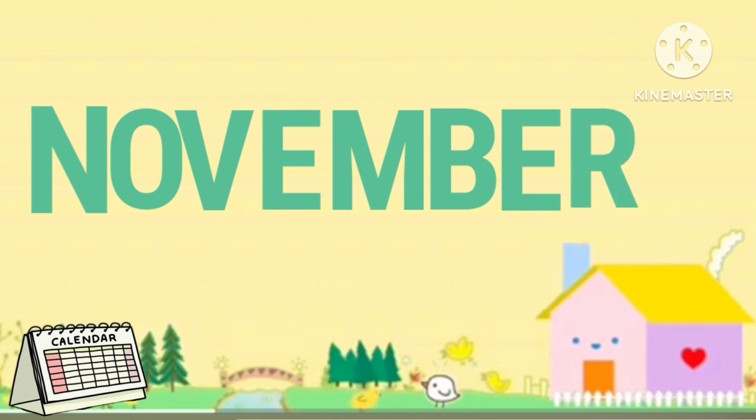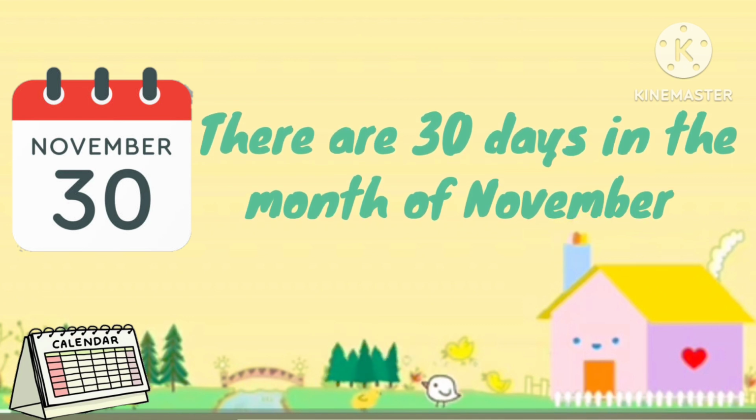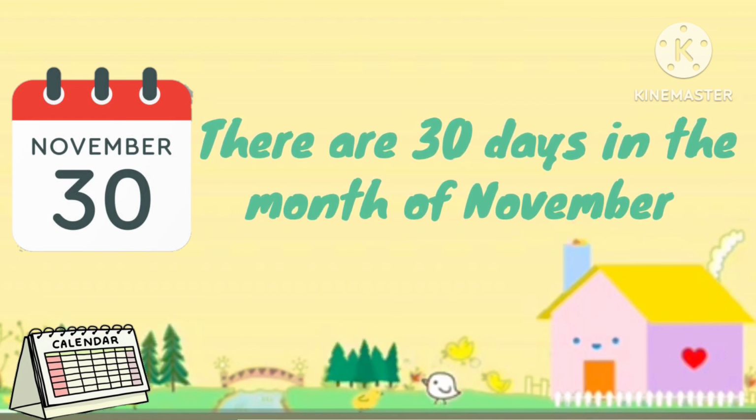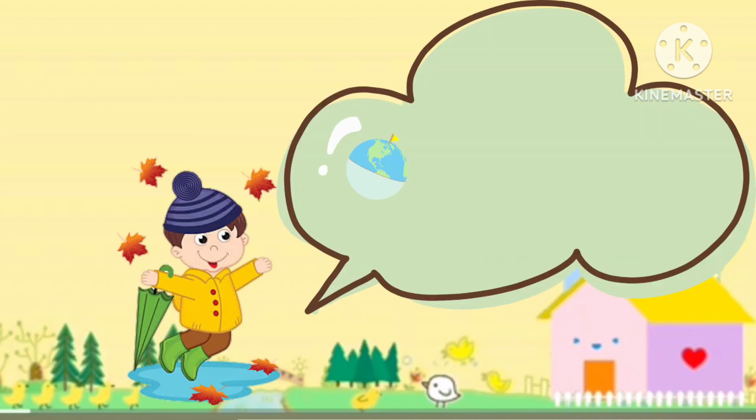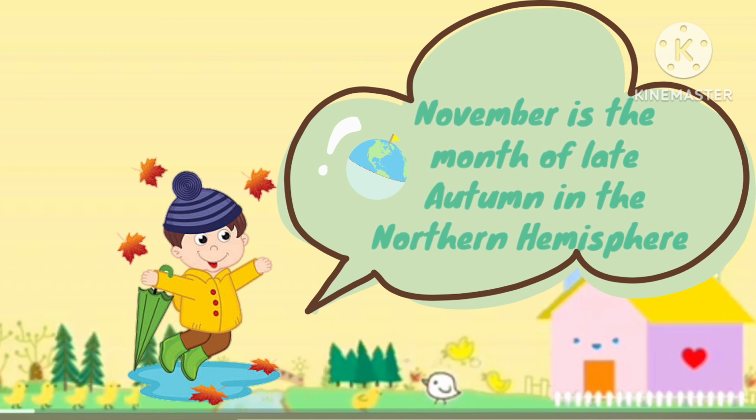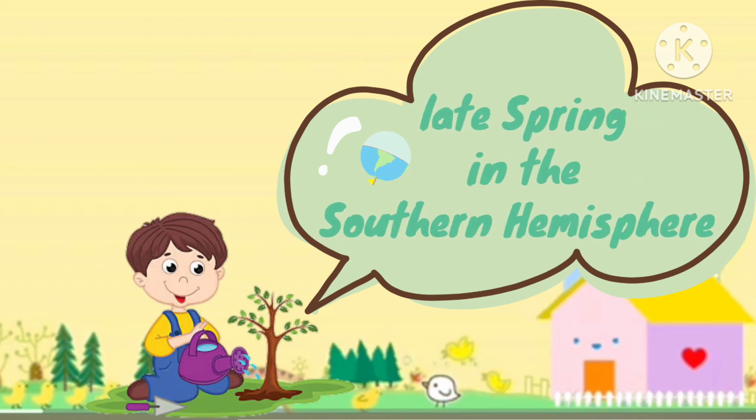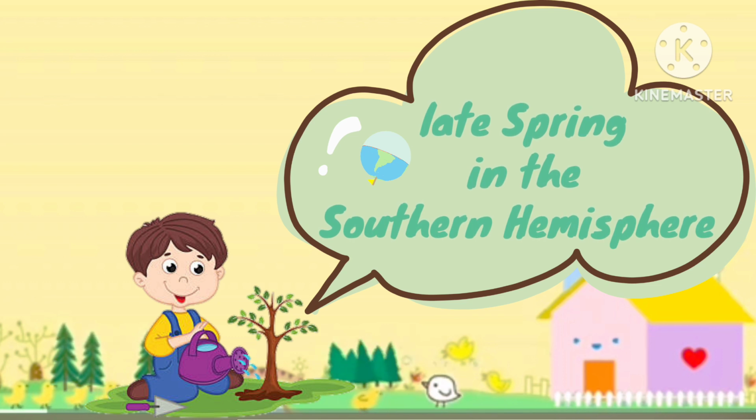November is the 11th month of the year. So kids, remember, there are 30 days in the month of November. November is the late autumn in the northern hemisphere and late spring in the southern hemisphere.